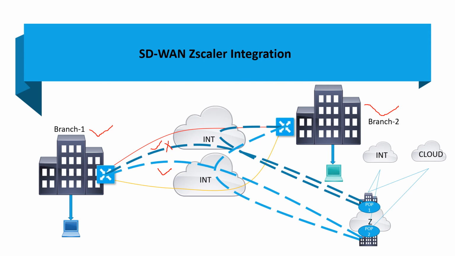So once your traffic reaches one of the POPs, from there you are again going to have the internet connectivity, or maybe there is some peering to the cloud infrastructure. So all the traffic after scanning goes out from here. So it reduces the dependency on the firewall infrastructure where you had the fragmented security.